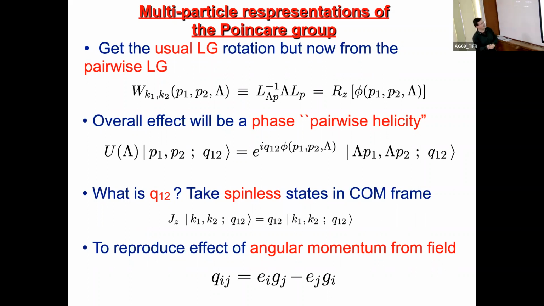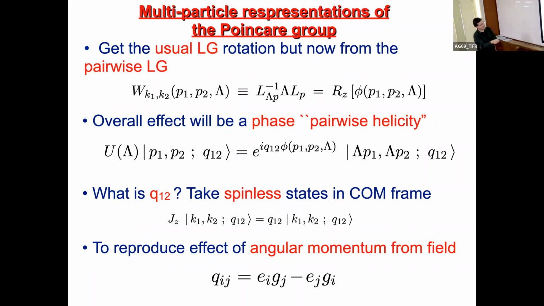Okay, so the overall effect will be an additional phase. Right? So this is what we call the pairwise helicity for the system. It's easy to write a phase, but this phase corresponds to this composite set of transformations that I have outlined for you.